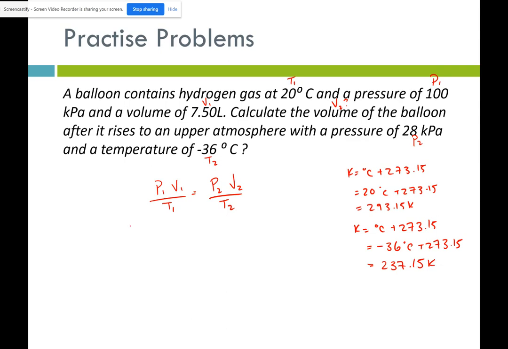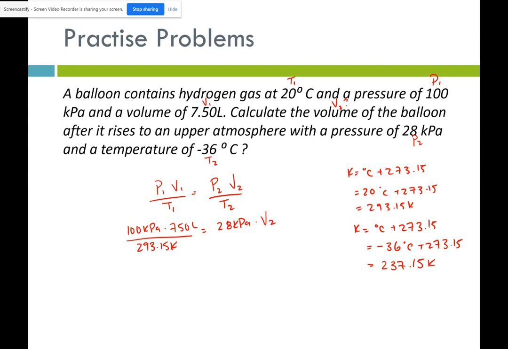My initial pressure was 100 kilopascals. My initial volume was 7.50 liters. My initial temperature was 293.15 Kelvin. My secondary pressure was 28 kilopascals.